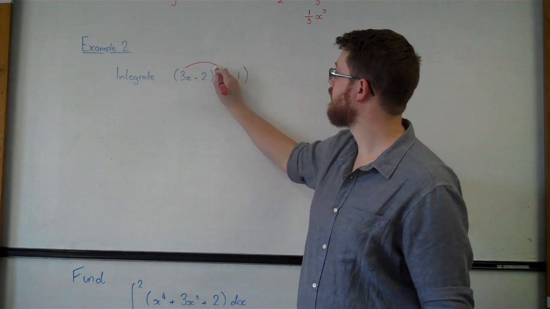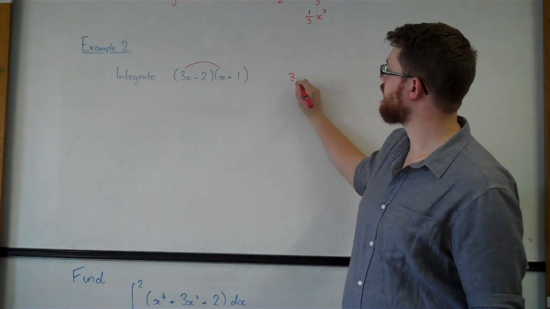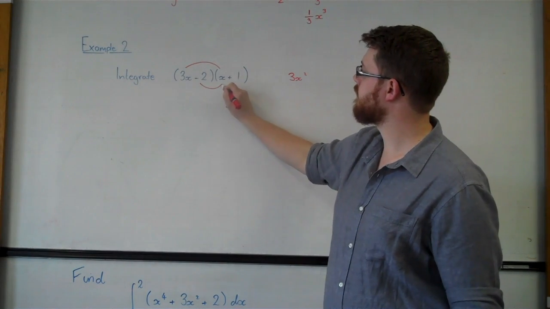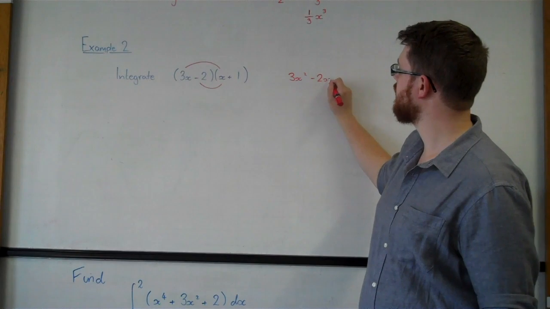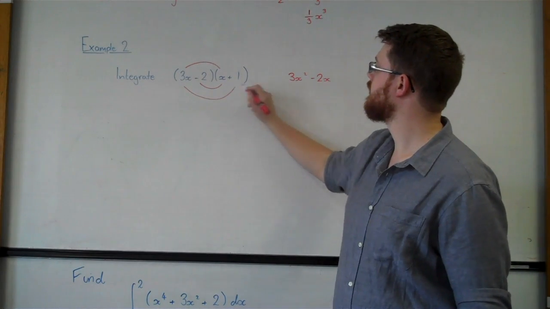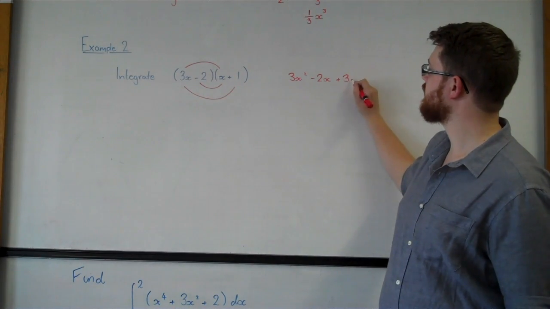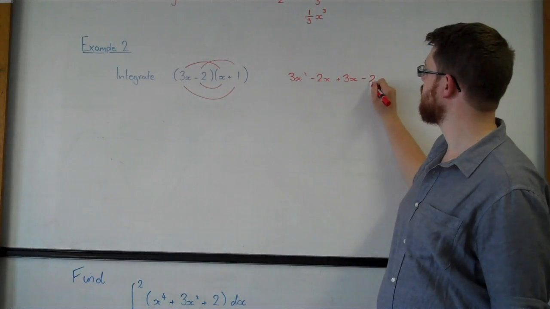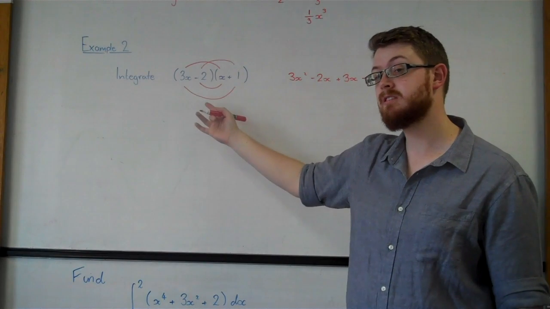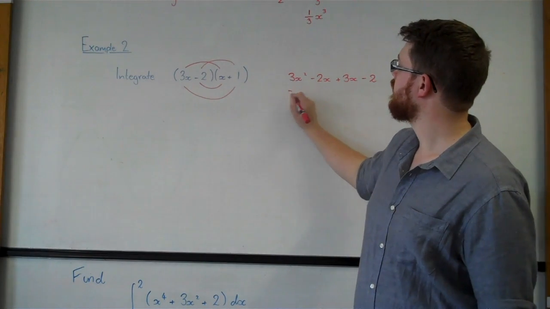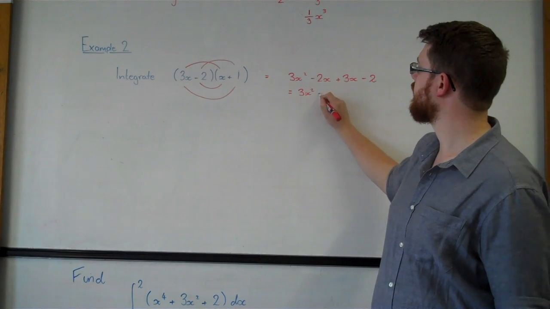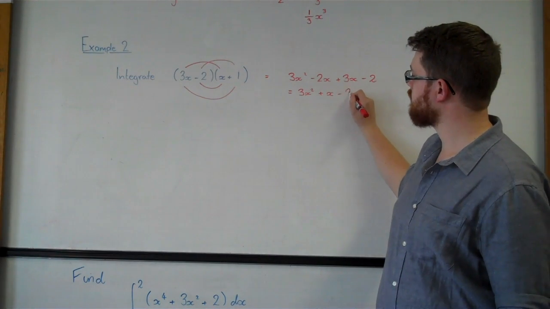So, we've got 3x squared, and we've got minus 2x plus 3x minus 2. See, it forms a smiley face, which is 3x squared plus x minus 2.